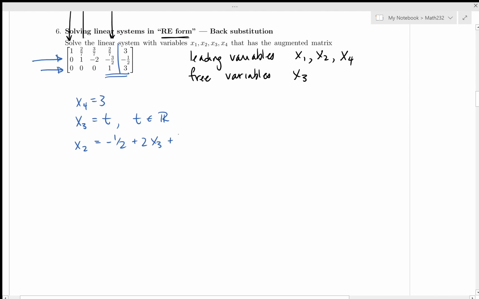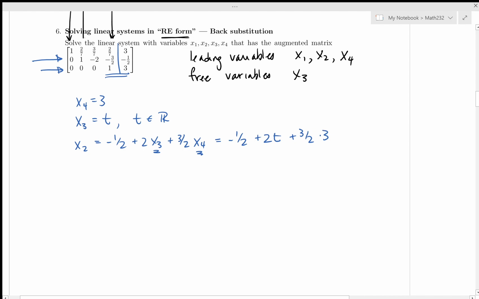plus 3 halves x4. Now I'm going to substitute for x3 and x4 because I've just identified in the previous two steps what x3 and x4 are. So this becomes minus 1/2 plus 2 times x3 plus 3/2 times x4.